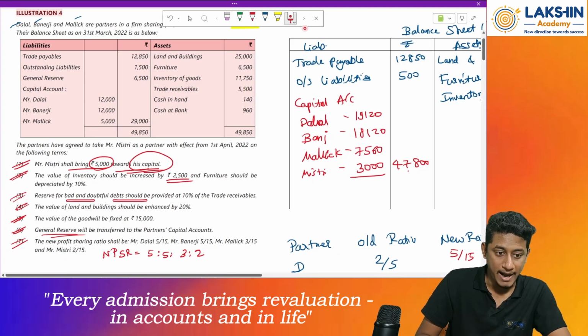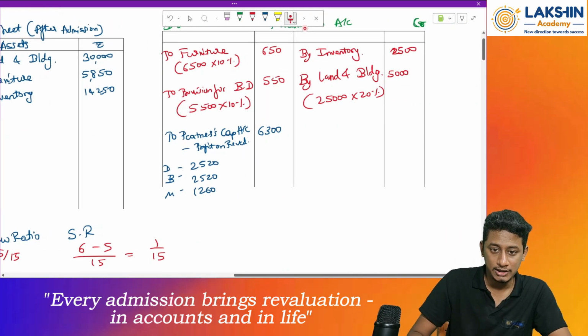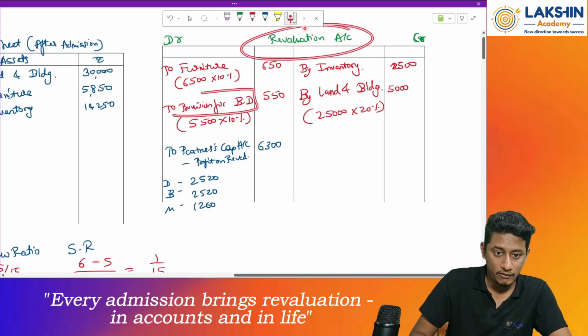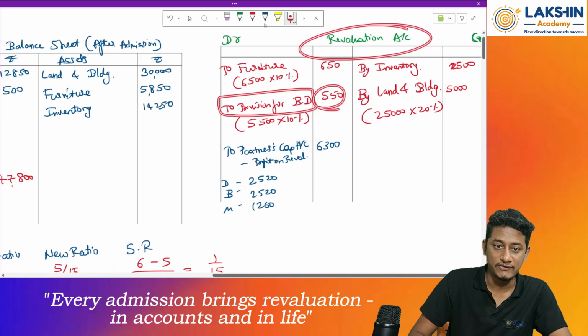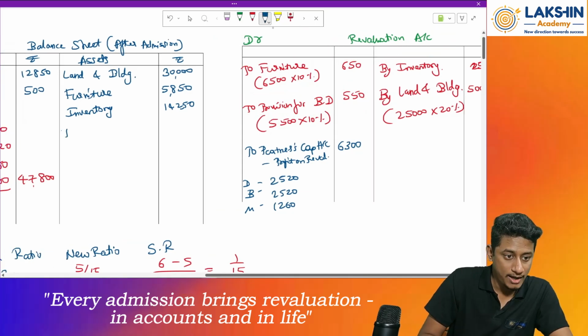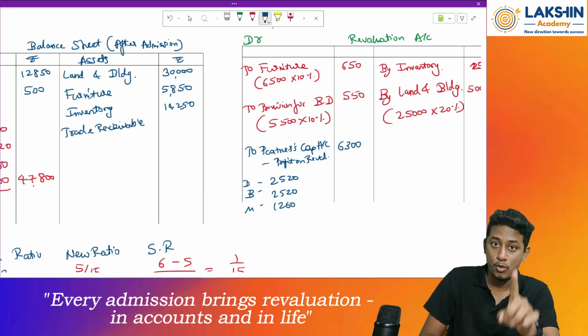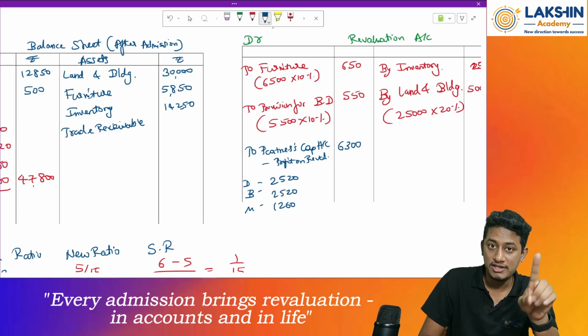Because of bad and doubtful debts by 10%. Going back to my revaluation account, provision for bad debts is rupees 550. Now, trade receivables. I am writing the net figure, but in examination you should write the full value of trade receivables minus provision for bad and doubtful debts.